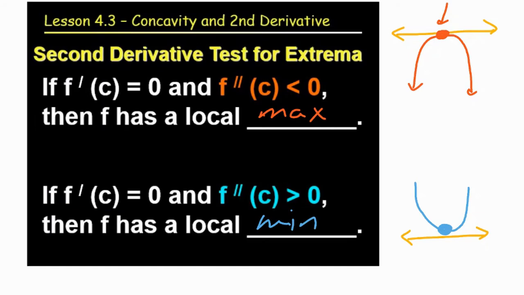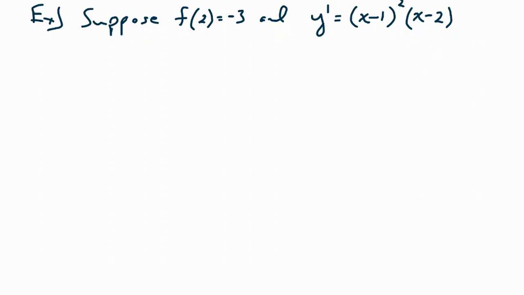It gets fun when you actually use this test in an actual equation. So let me show you how to use it. We're going to try it for this problem where we're given f of 2 is equal to negative 3, and also that y prime, that means I'm giving you the derivative, is (x minus 1) squared times (x minus 2).